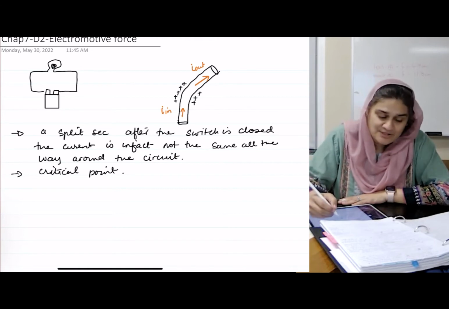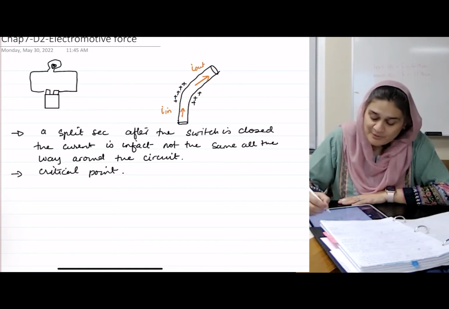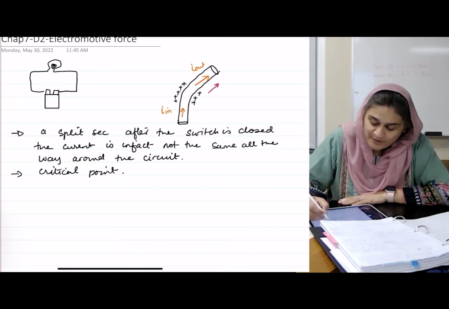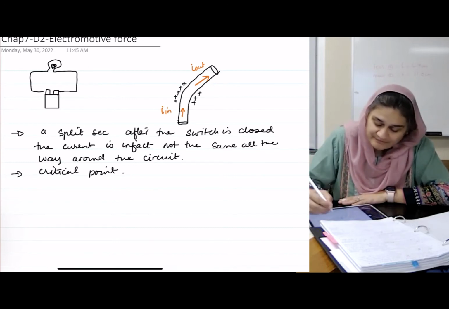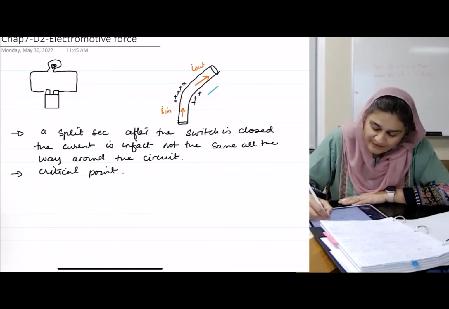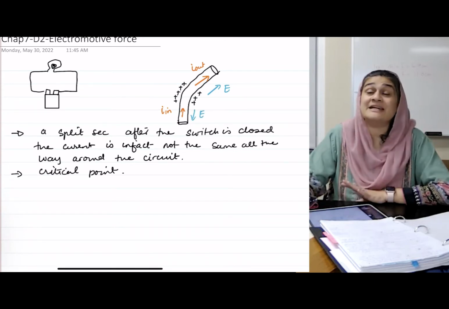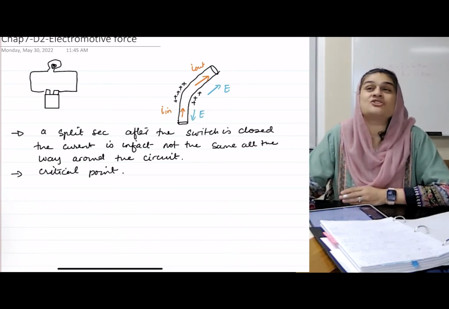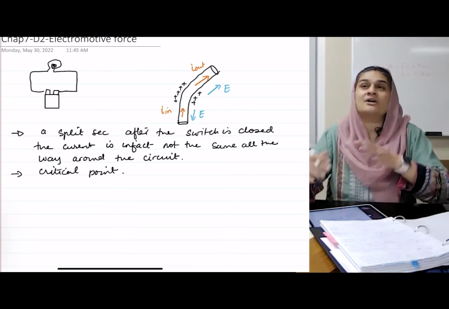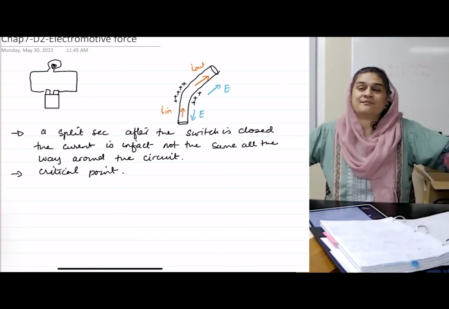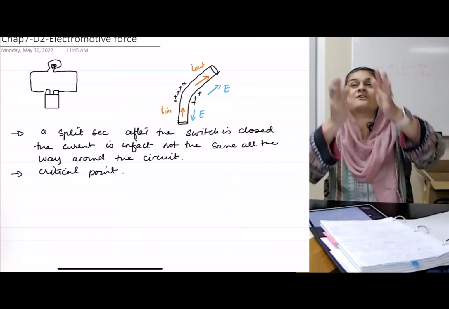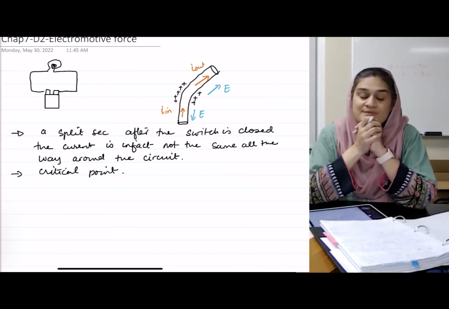As a result of this accumulation, there will be E fields that are developed. And these E fields will change in such a way as to even out the current as it passes through these critical points.